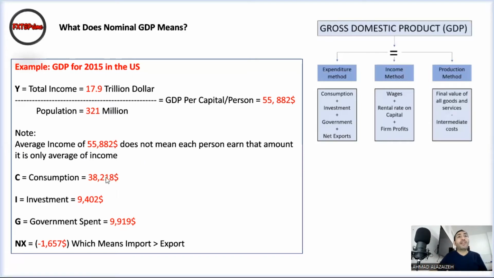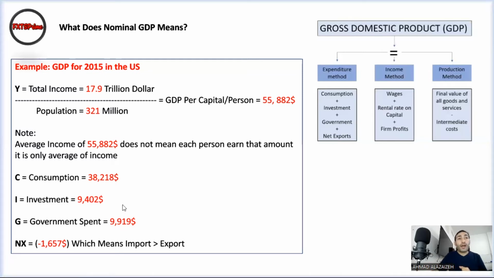This is real data, which I have taken from the 2015 GDP in the US. The consumption of those people was $38,218 for each person.